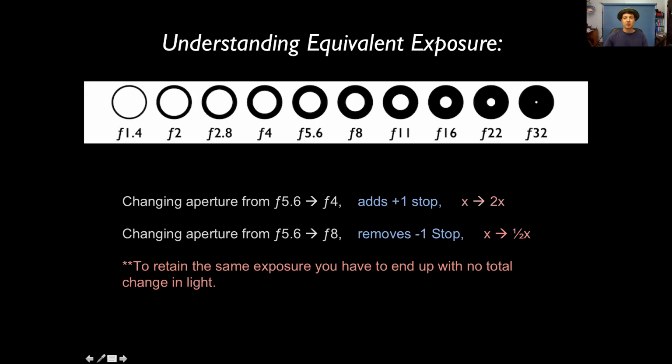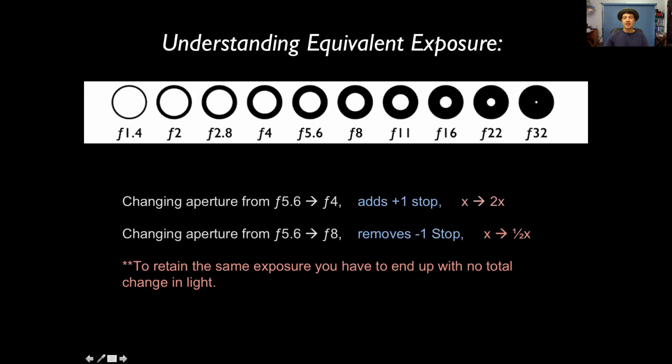You can think of this as going from, like, say, X to double X. Whereas if we're changing the aperture from f5.6 to, say, f8, we're going in the opposite direction. So in this case, we're closing down the aperture one stop, so we're removing one stop of light from the camera.